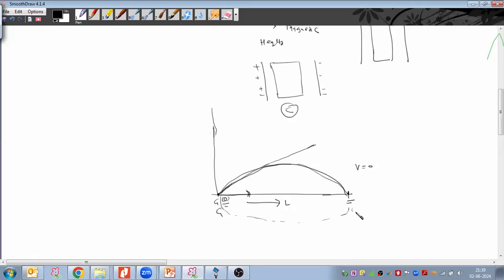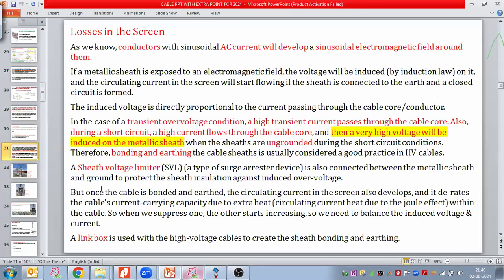This is grounded here, and even though that ground is 10, 20, 50 kilometers away, this Mother Earth will provide a common returning path. Then circulating current will start flowing. So we have to deal with two parameters at the same time, voltage and current. It means when you are suppressing one, the other is increasing. So in case of ungrounded state, charging current.